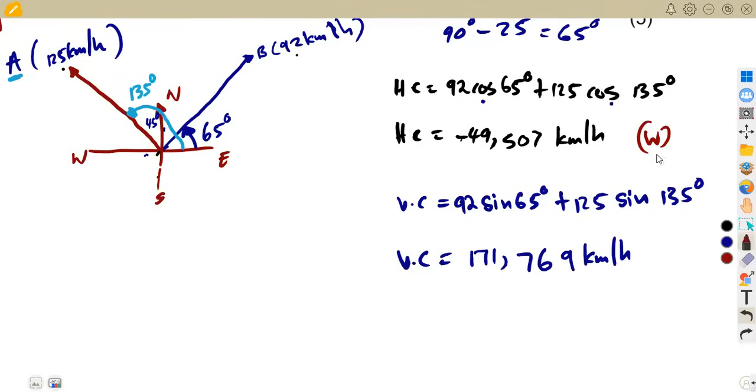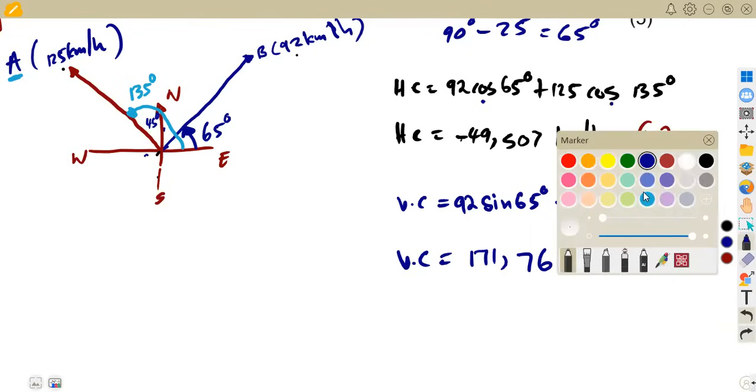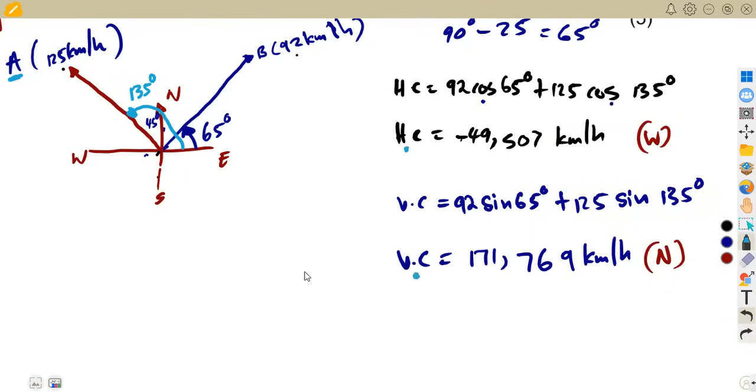We have calculated this vertical as positive, which means we are going up to the north. So we have the horizontal component, and we also have the vertical component.